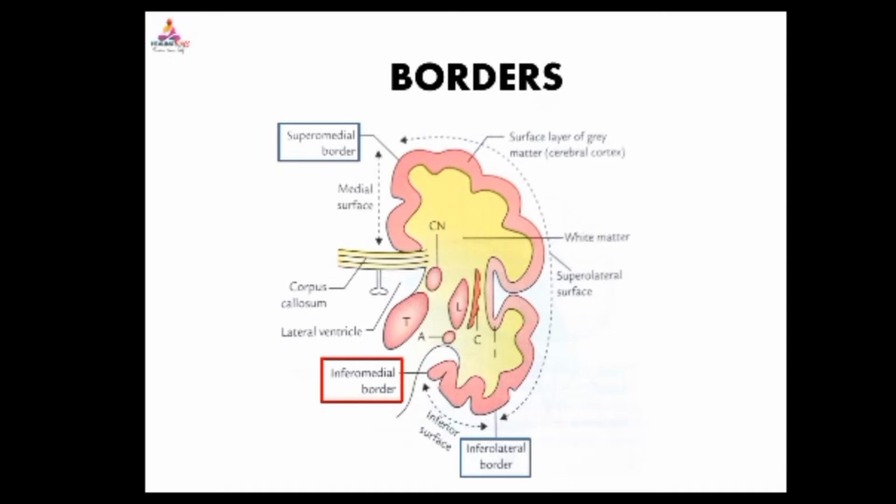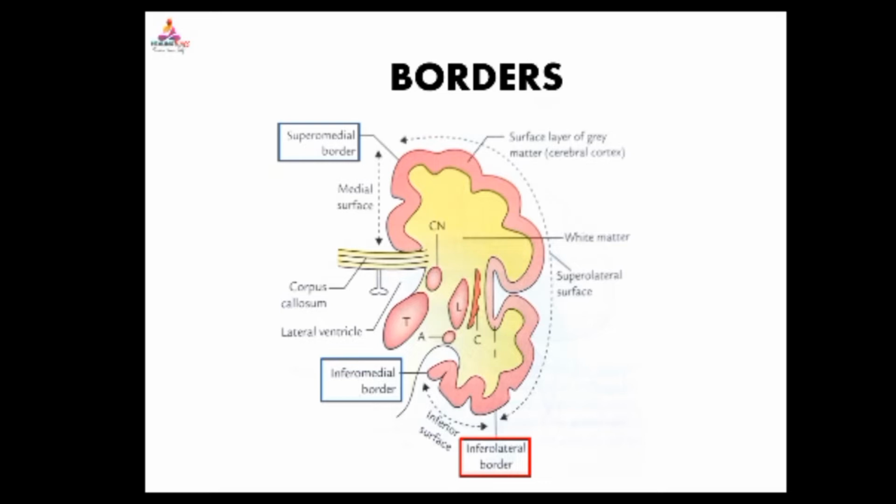Second is the inframedial or hippocampal border. It surrounds the cerebral peduncle. It is formed by the medial aspect of the uncus and parahippocampal gyrus. Third border is the infralateral border.